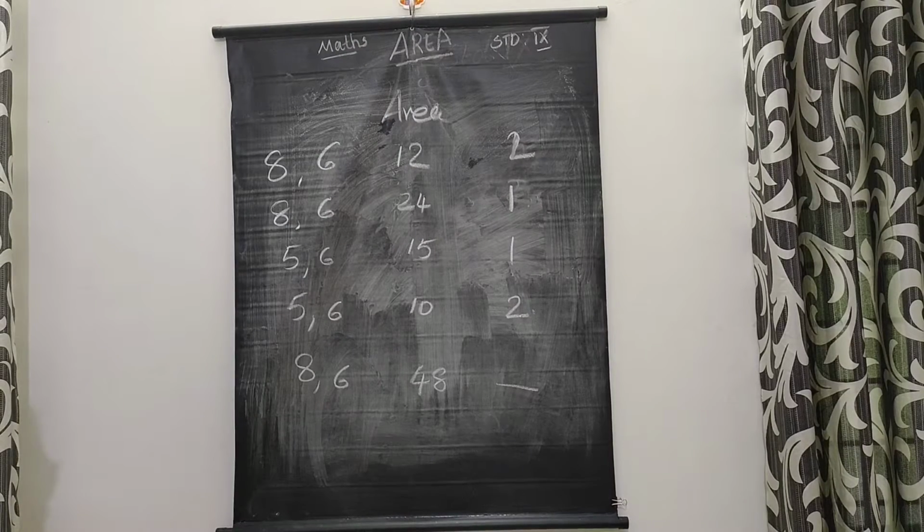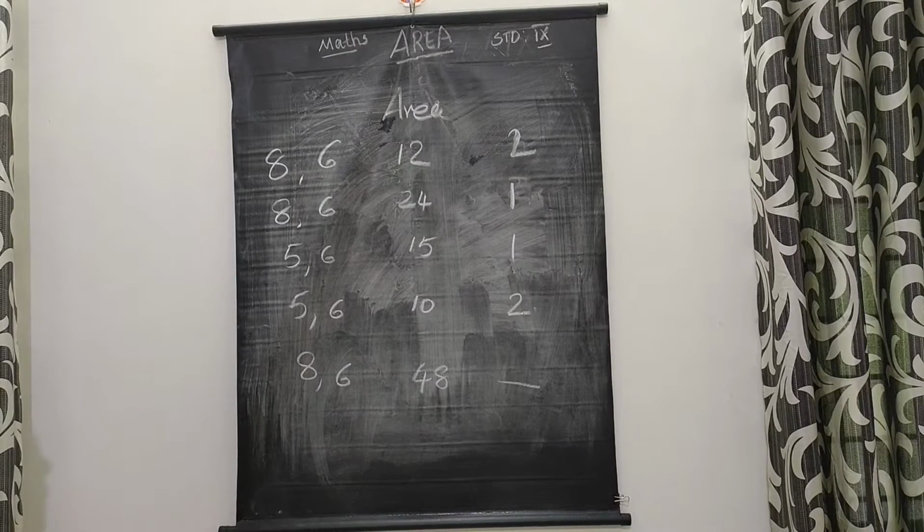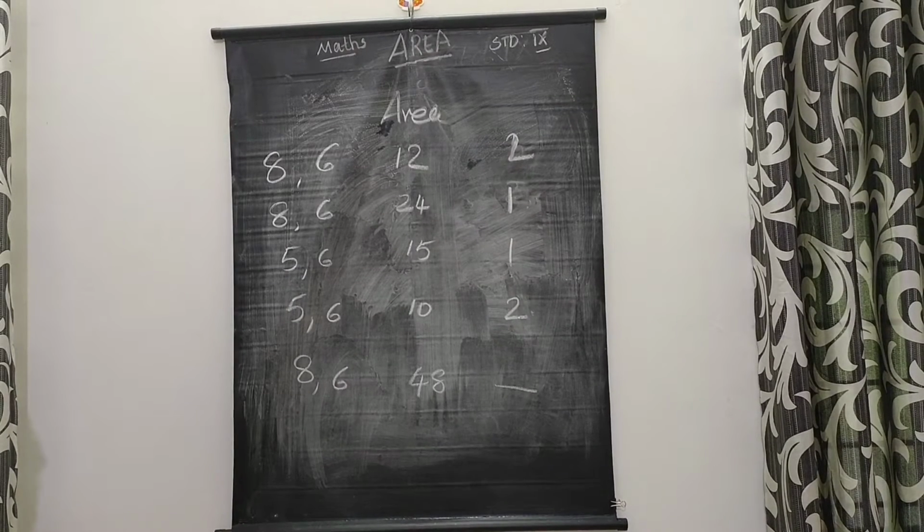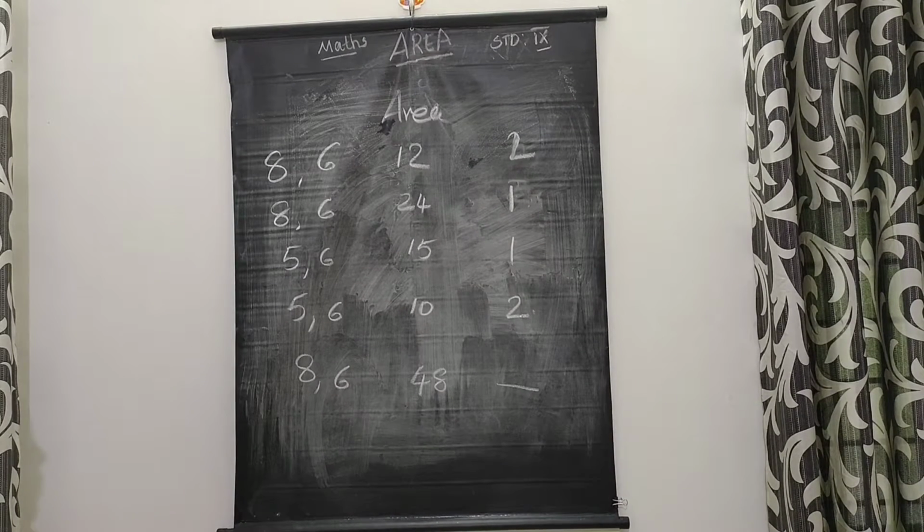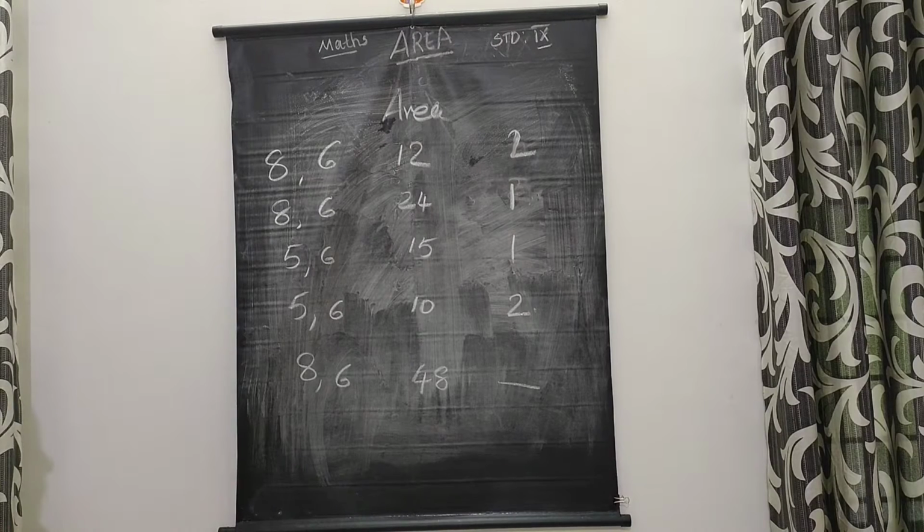Using the measures 8 and 6 and the area 12 square centimeter we can draw two triangles, and 8, 6 with the area 24 we can draw only one triangle.